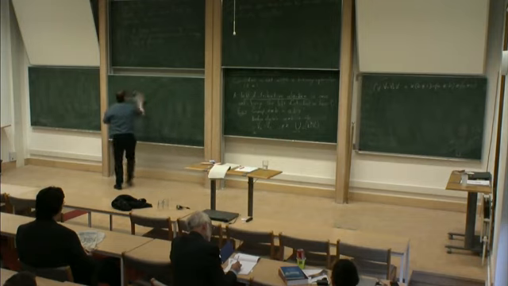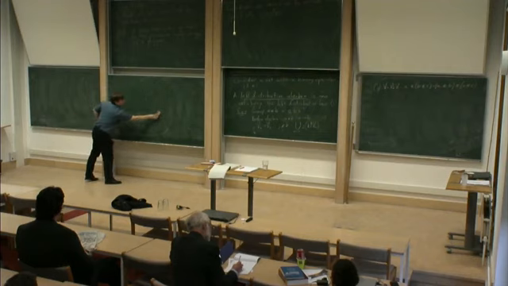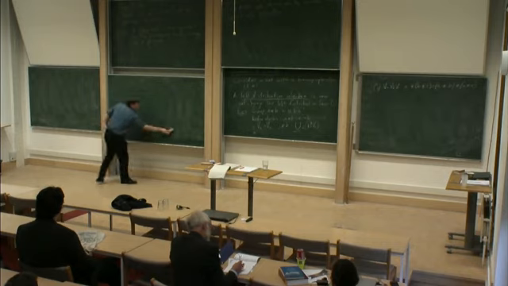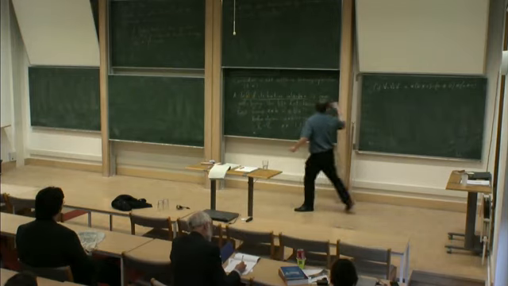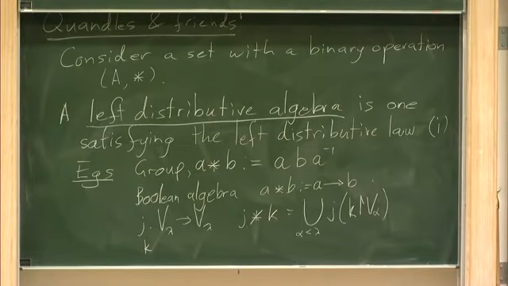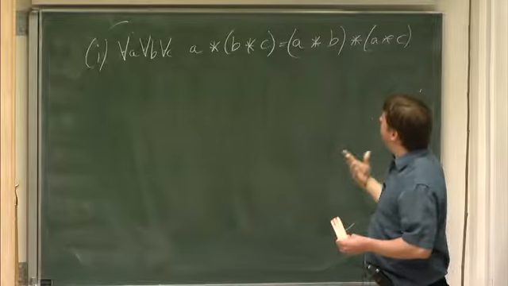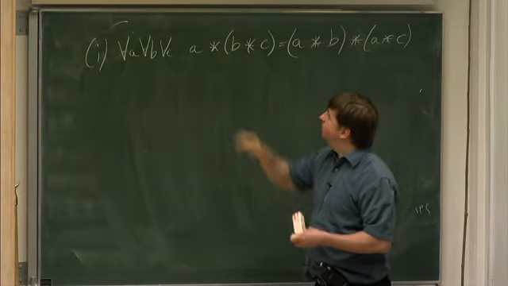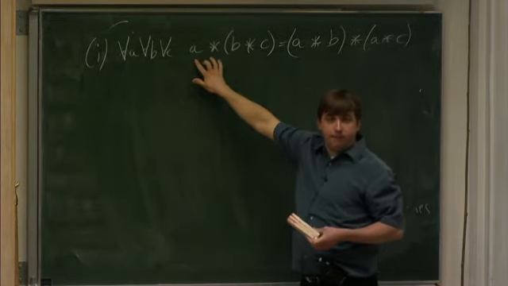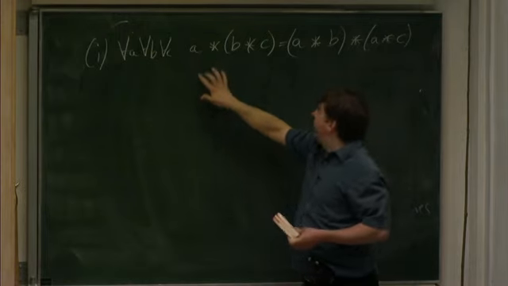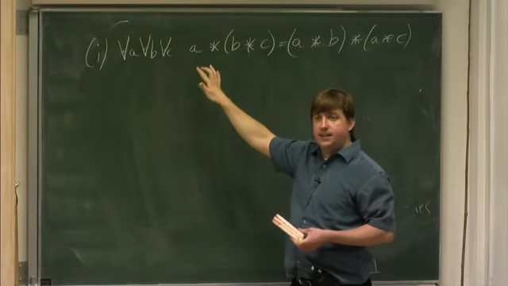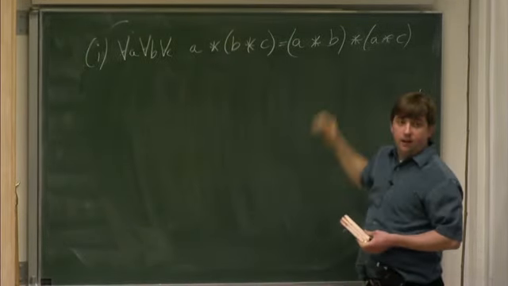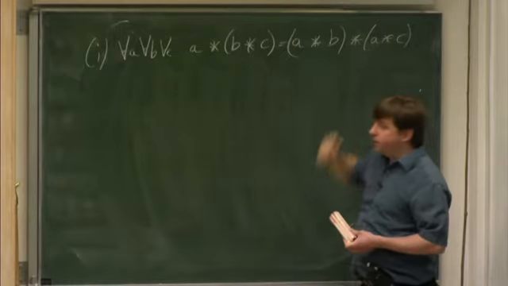To understand racks, it maybe helps to have a slightly different perspective on left distributive algebras. We've got this law that's a nice enough algebraic law, but one way to view it is if you take the multiply by A on the left operation, then this law is saying nothing more or less than the fact that that is a homomorphism of your algebra.